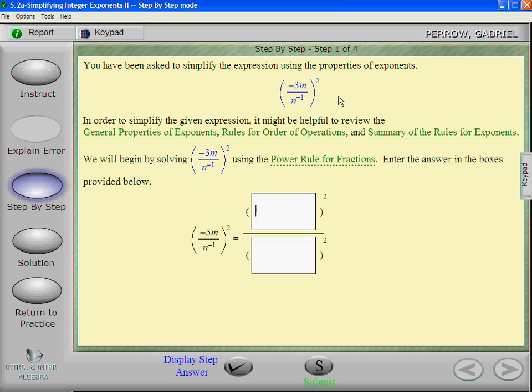So remember, with fractions, raising a fraction to a power is the same as raising the top, negative 3m, to the second power, and it's the same as raising the bottom to the power. The bottom was n to the negative 1.